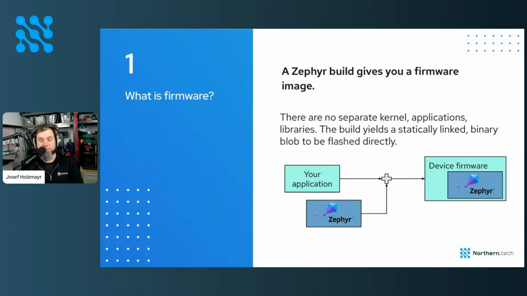The key part is this is the one thing that needs to be flashed into the non-volatile storage of the device. Usually it involves the startup code, all of the libraries, the reset vectors, and all of the data, obviously, this will be important later, that you need to do whatever it is meant to do. And you cannot clearly or easily separate between, hey, this is my user binary and this is the RTOS there, because it's just linked into one binary file. This is what we will also end up with.